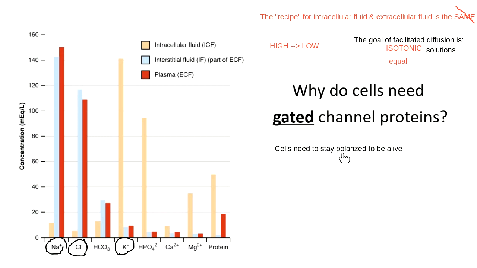Channel proteins do facilitated diffusion. If my channel proteins were not gated, hey, remind me, this word gated, does that mean we are or are not always open? If I've got a gated protein, it is or is not always open?